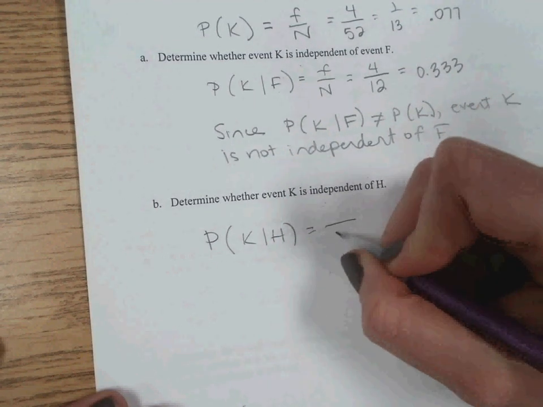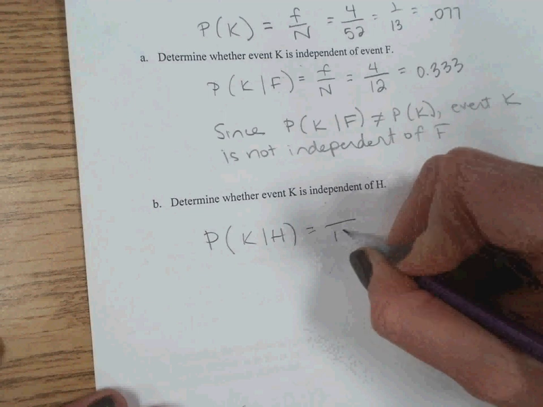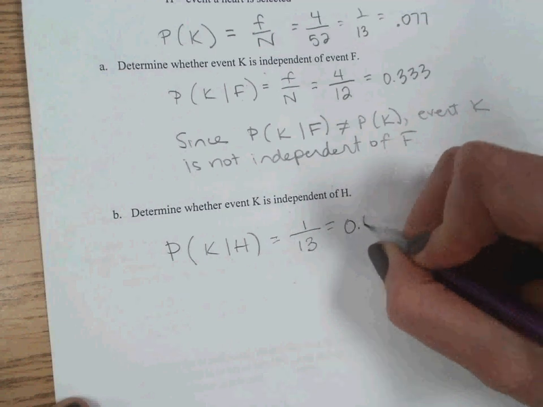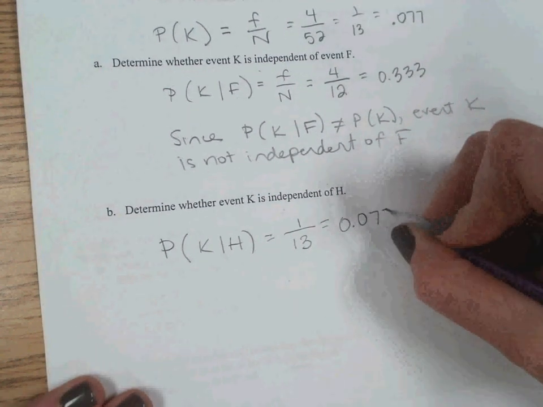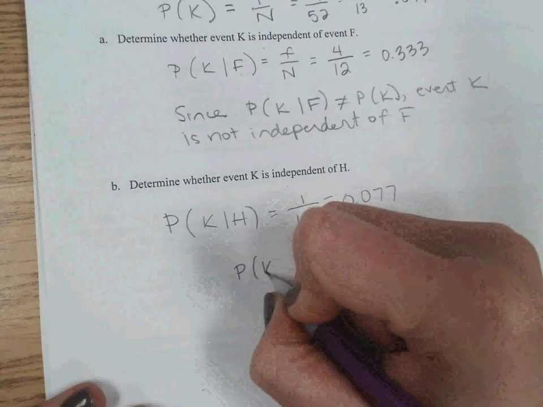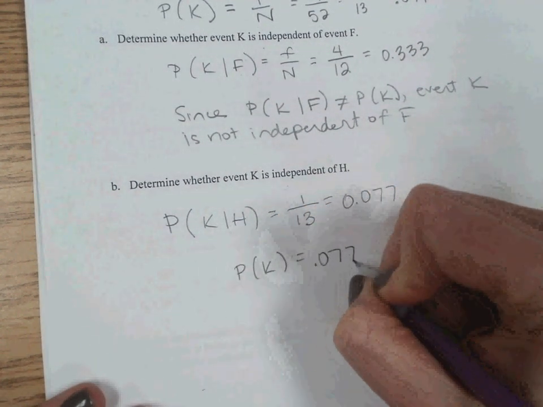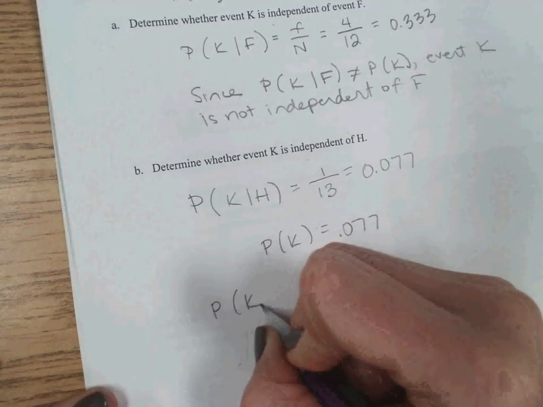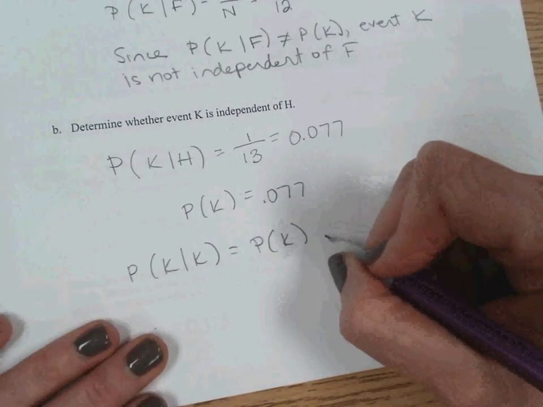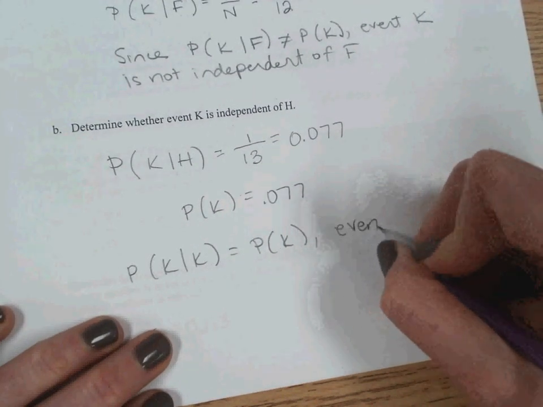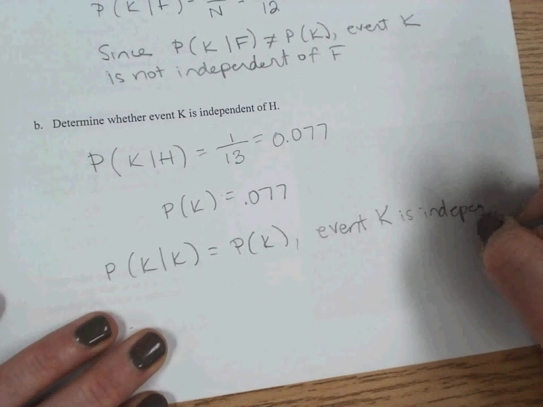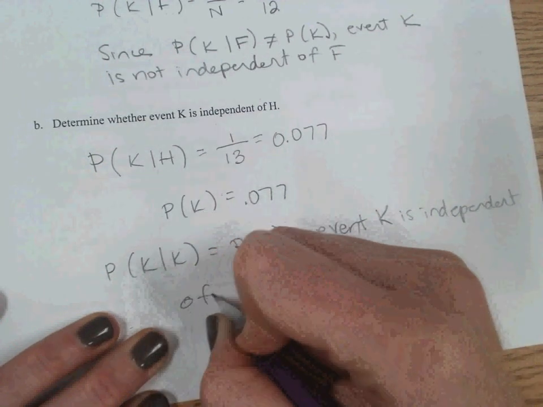Remember, there are 13 hearts, and there'd only be 1 king possible. When we divide that out, we get 0.077, which we notice is equal to our probability of K that we found above. So since the probability of K given H equals the probability of K, we know event K is independent of H.